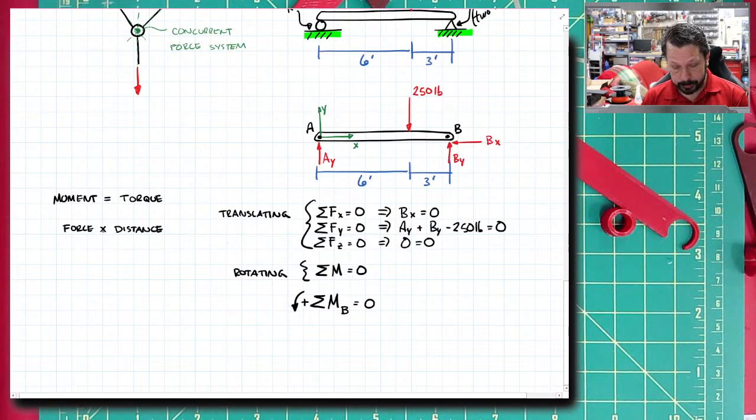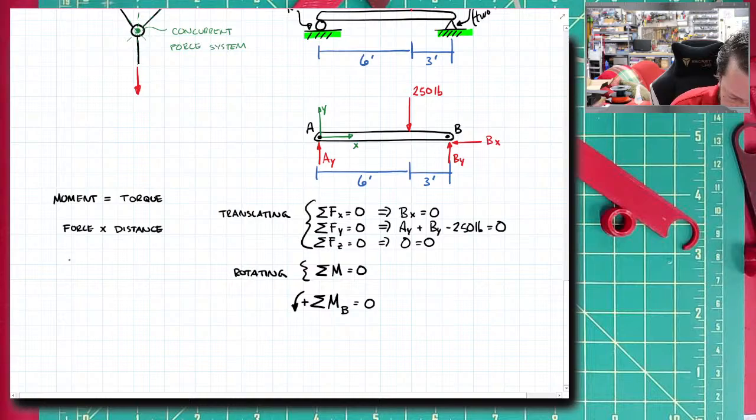What we're going to do, and you could use vector math to do this, but again, we're just using X, Y, Z coordinate components. So what we're going to do is say that the force is perpendicular to the distance.